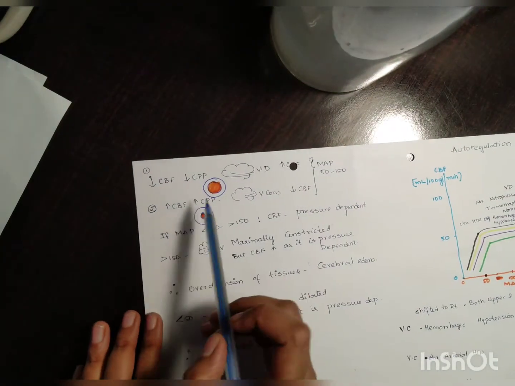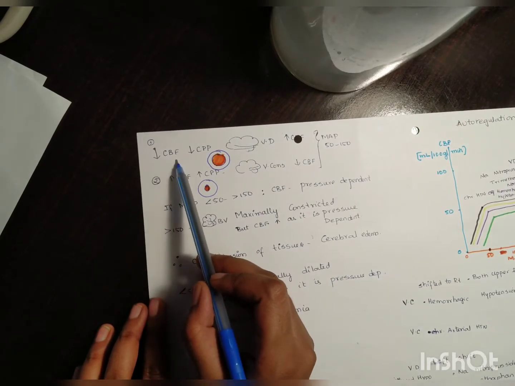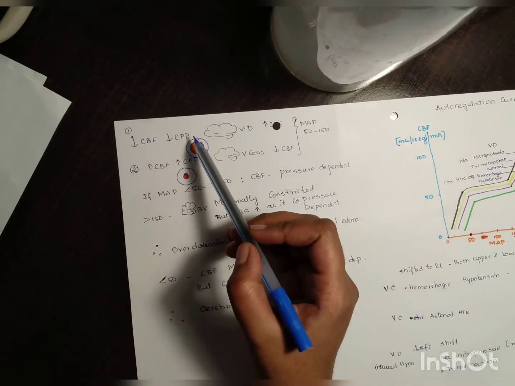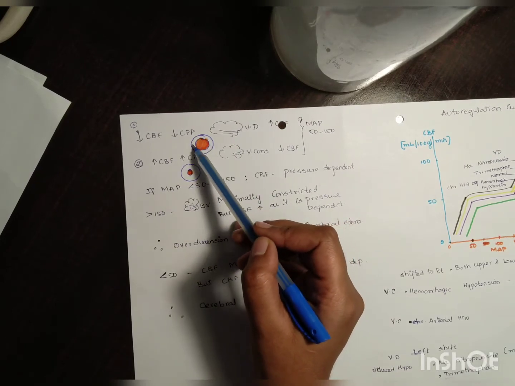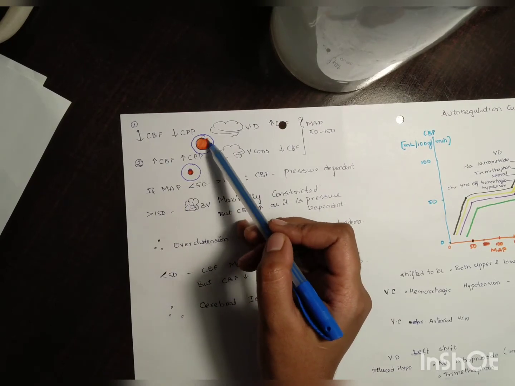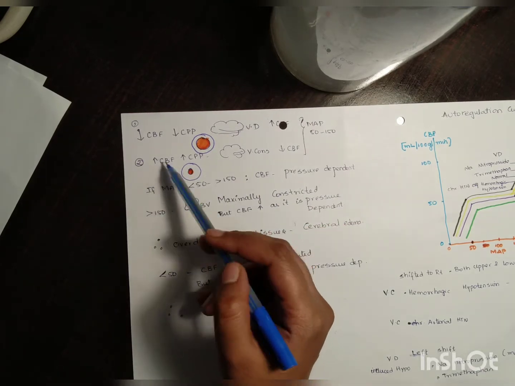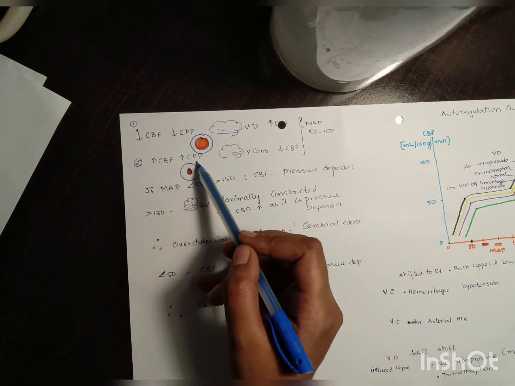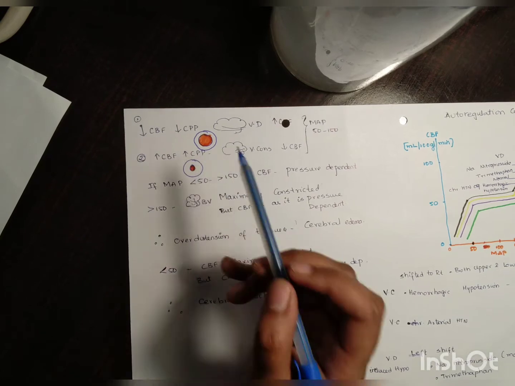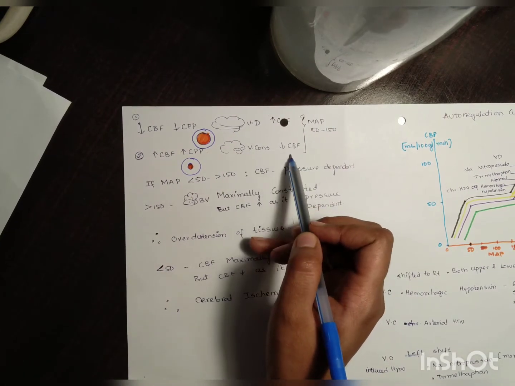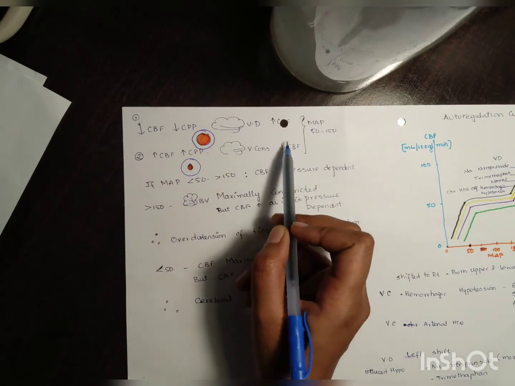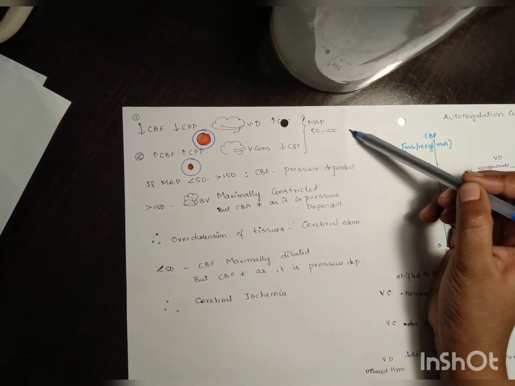If there is a decrease in the cerebral perfusion pressure, the vessels in the brain will start vasodilating, and there is increase in the blood flow. And if the blood flow is increased, the cerebral perfusion pressure is also increased, then we have vasoconstriction and the blood flow decreases. So these are autoregulatory methods. This works only from 50 to 150.